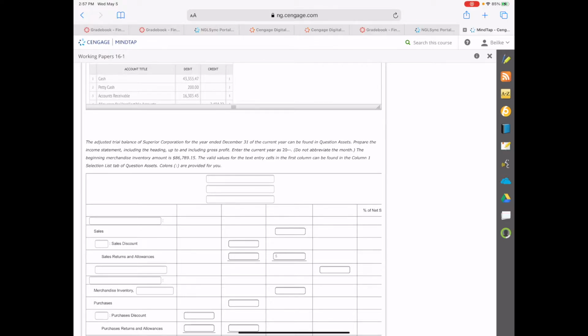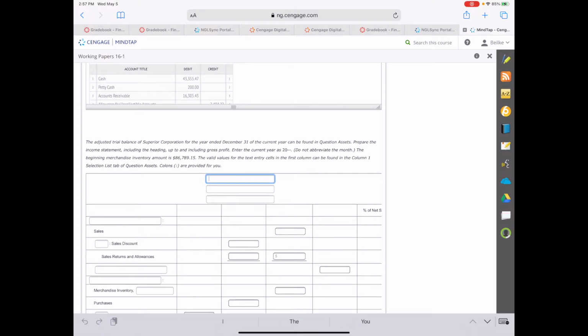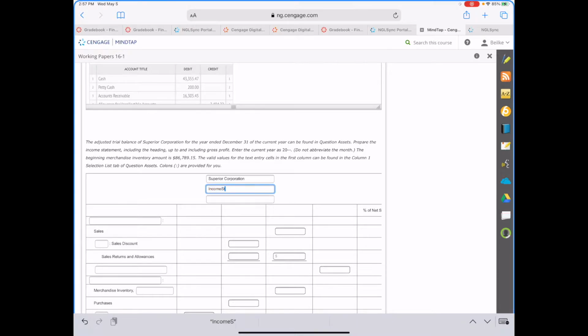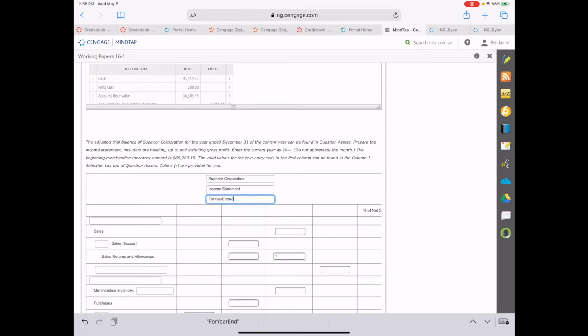All right, so on our top line, we're going to write the name of the business. Superior Corporation. This is an income statement. Then we'll enter the date for year ended.